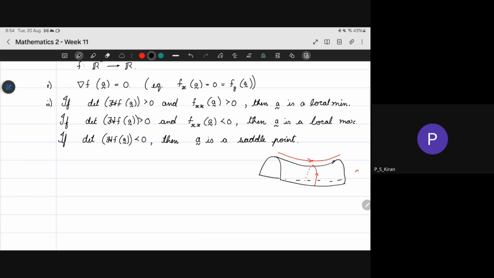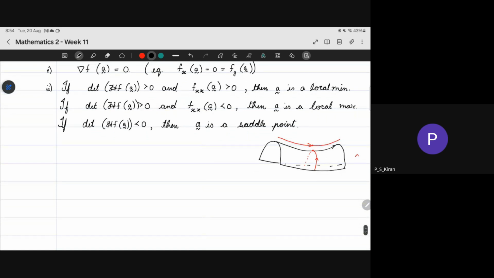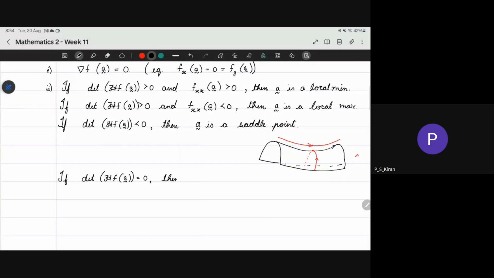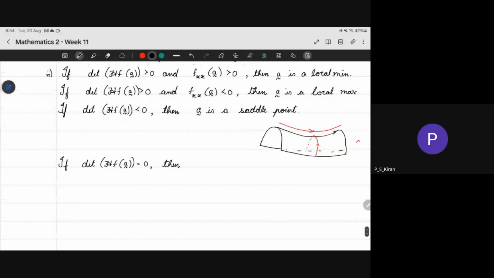So this is what is meant by a saddle point. If the determinant of the Hessian is negative, this is what we can conclude. And the last case is when the determinant of the Hessian is 0, then the test is inconclusive.